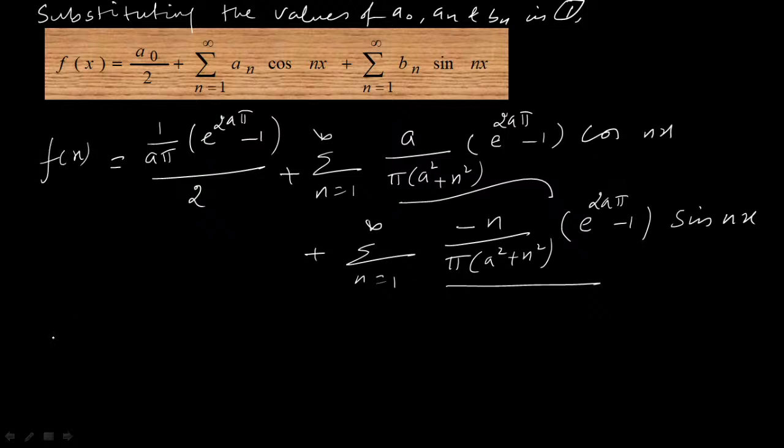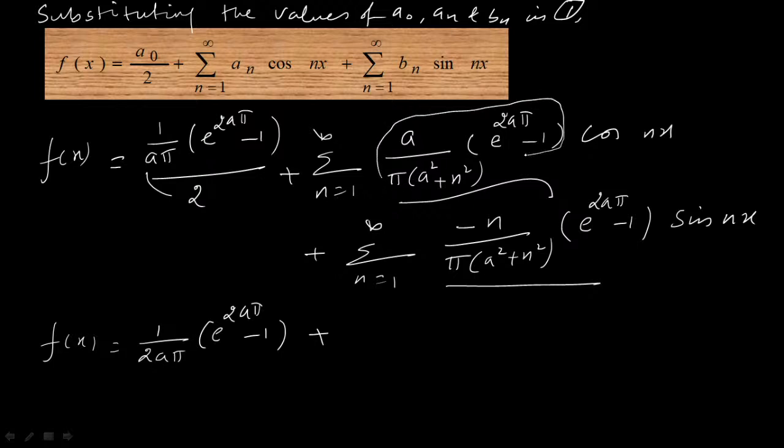Or otherwise you have to simplify like this. If you take the 2 or a by 2 in the denominator, you get 1 divided by 2a pi of e power 2a pi minus 1 plus. So this summation is only for n terms, so take the other terms, the constant terms, outside. So e power 2a pi minus 1 divided by pi, these are all constant terms, so take it outside of the summation.